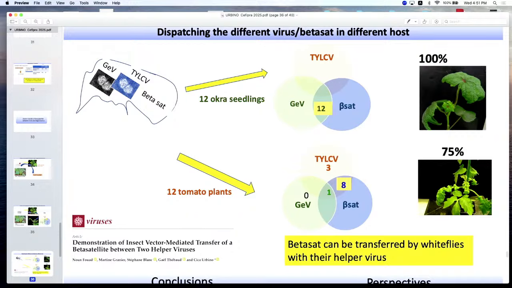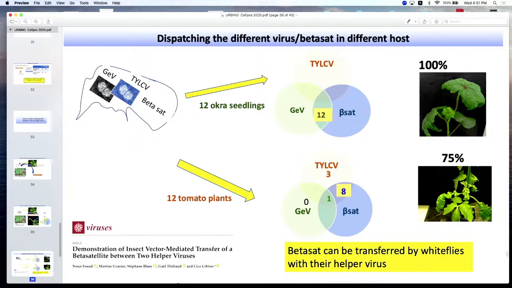Then we said, okay, we have insects which have collected the virus from okra, the virus from tomato, and the beta satellite. If we put them on okra plants, can they transmit the right couples, meaning the okra virus and the beta satellite? We tried, and yes, we obtained 100% infection of okra plants.